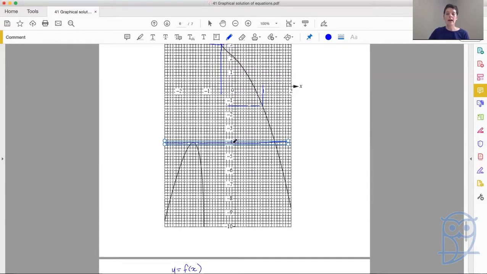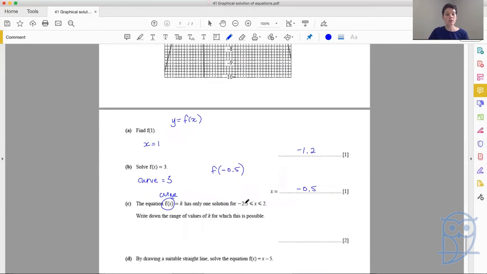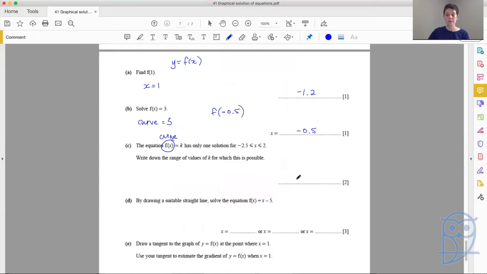So as long as k is bigger than minus 4, then we only have one solution, which is what they wanted. The range of values of k is greater than minus 4. If k is less than minus 4, we would have more than one intersection, so more than one solution.